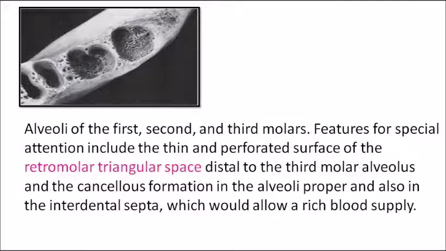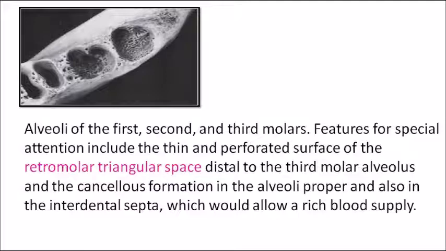Now in the alveoli proper, that is, in the proper bone socket, you can also see perforations, and also in the interdental septa, in the space between the sockets. What is the significance of these perforations? They allow for a rich blood supply.